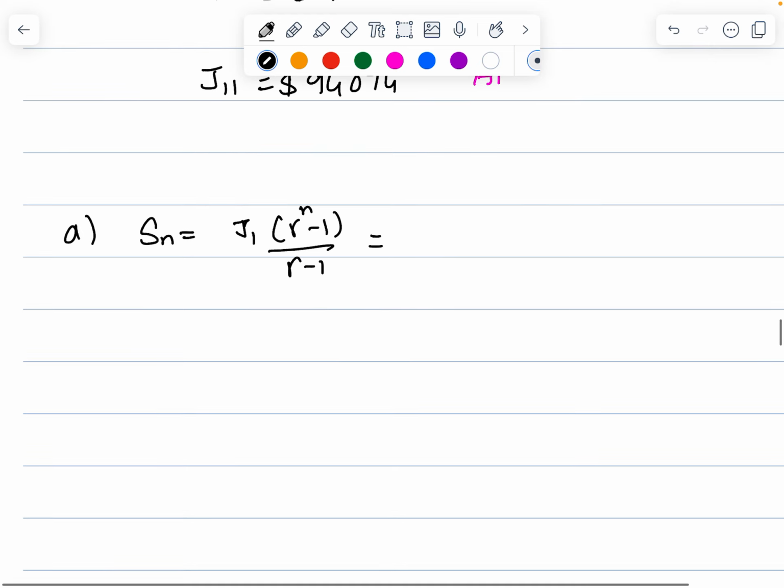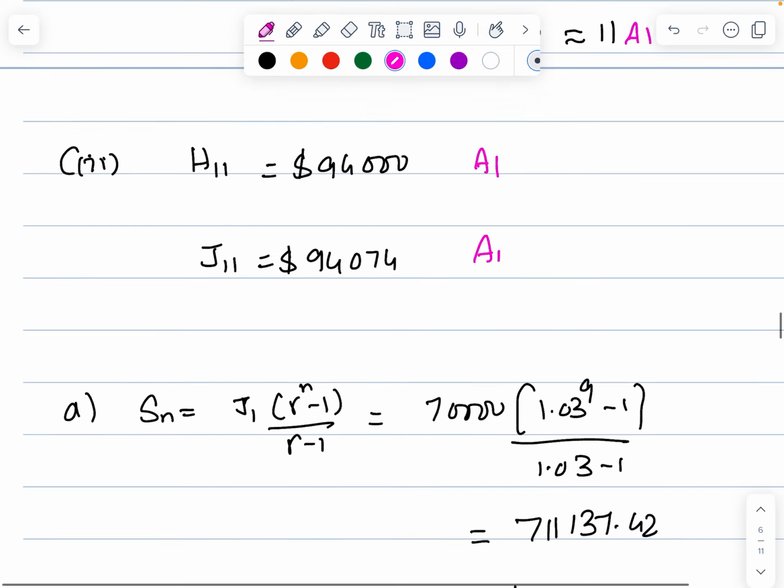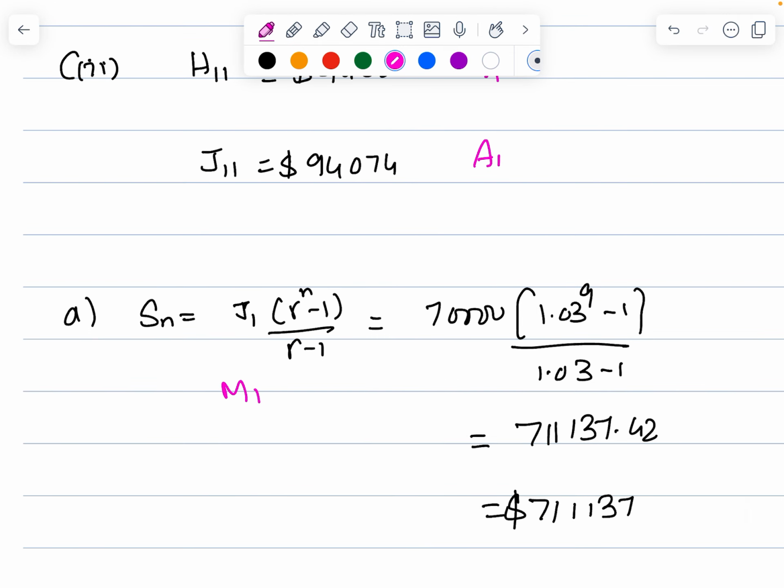So that will be 70,000 times (1.03 to the power of 10 minus 1) by (1.03 minus 1), which is going to be the value of 802,464.6, but finally to the nearest dollar, that's going to be the answer. So M1, M1, A1 and another A1.